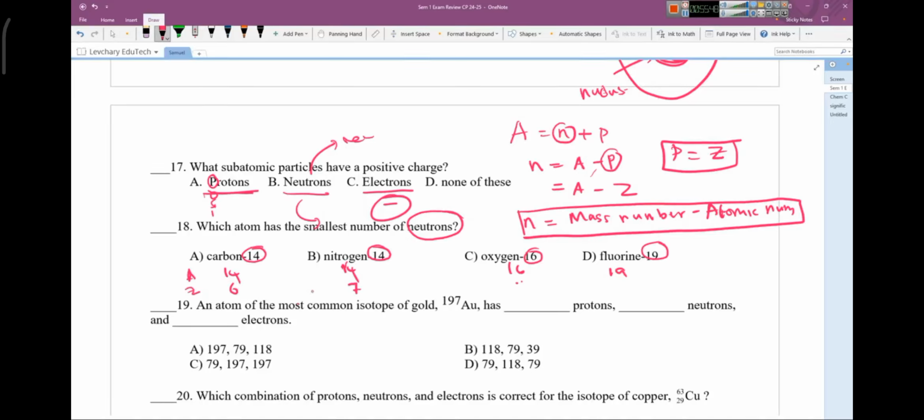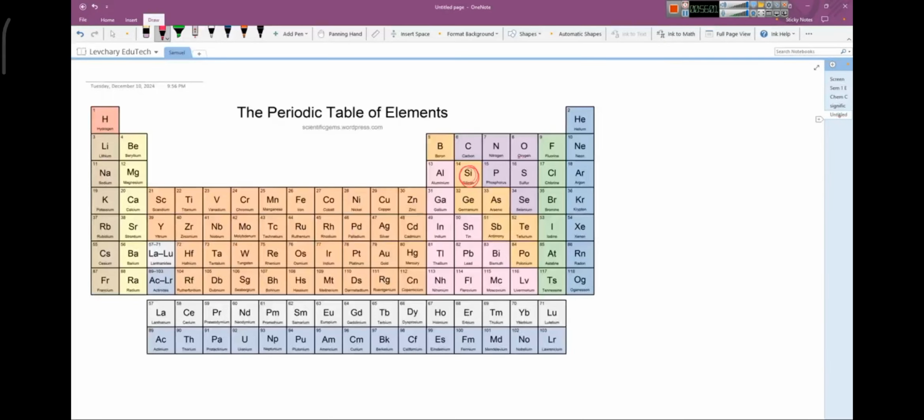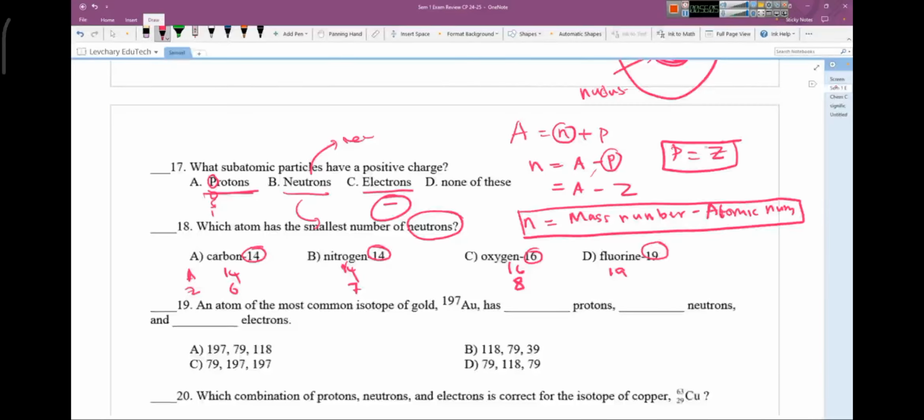Oh, so oxygen will be 8. Oxygen 8, yeah? And fluorine? You see here, oxygen 8 and fluorine 9. Fluorine 9. So now we have to look at the differences.